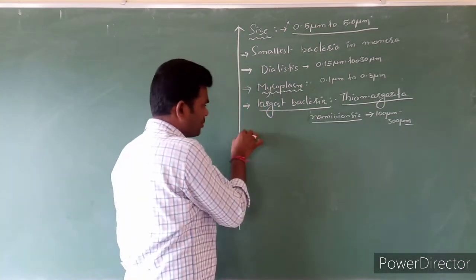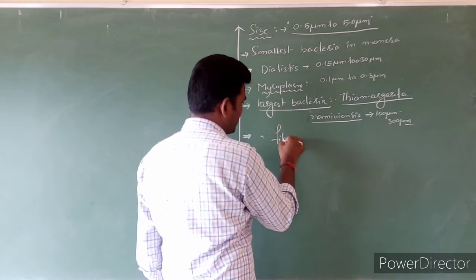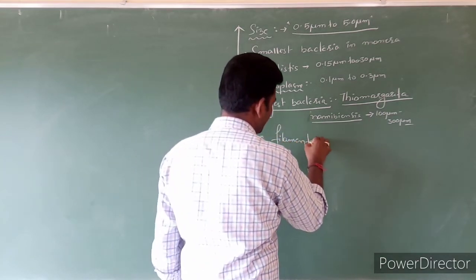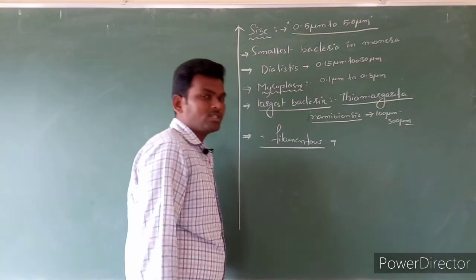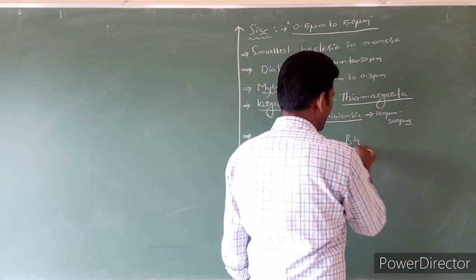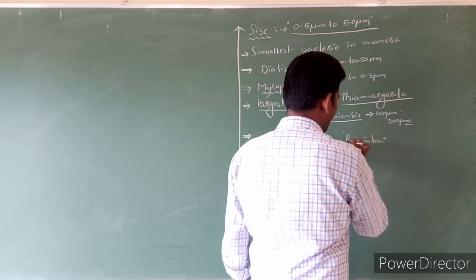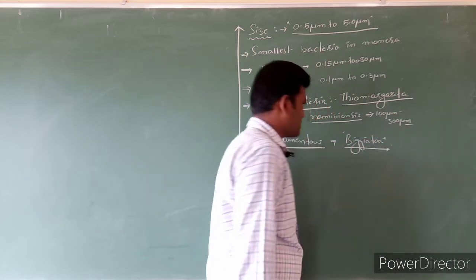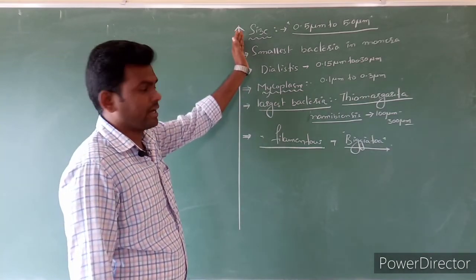Next, one more is the largest filamentous bacteria, which is Beggiatoa. So these are the various sizes of bacteria.